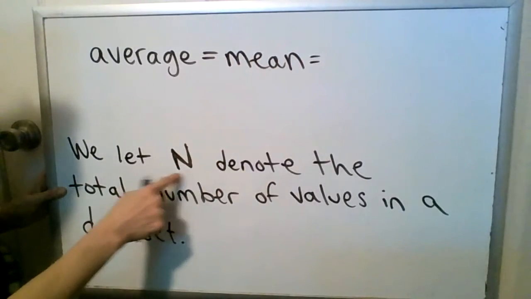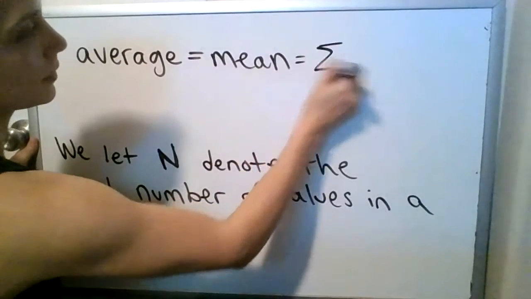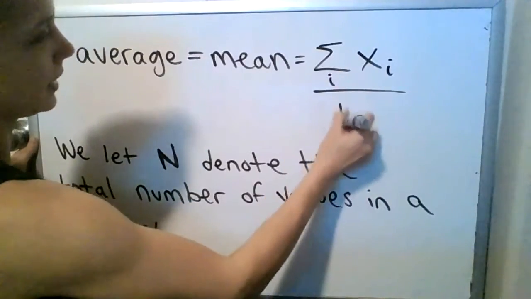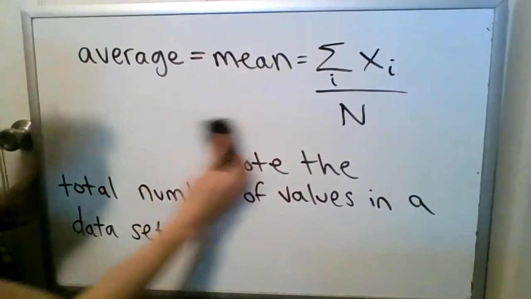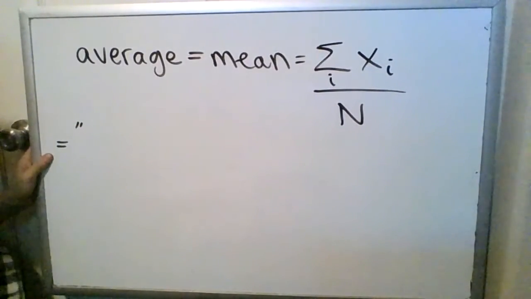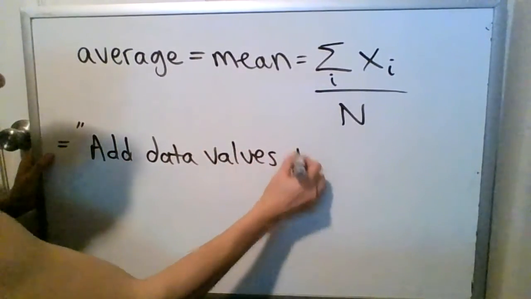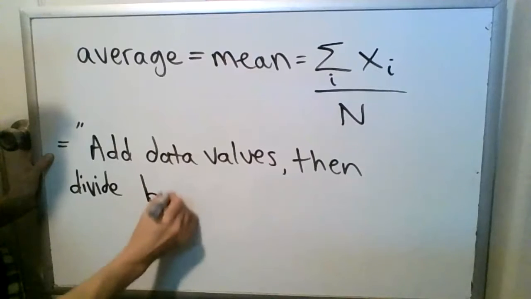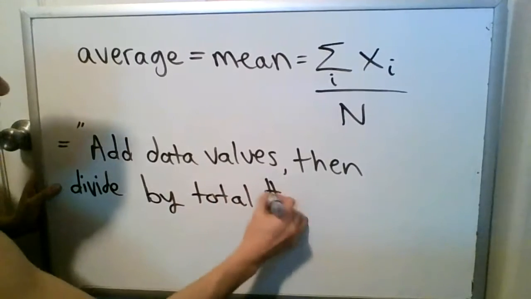So we're adding up all the values in the data set and dividing by capital N. We're going to use the notation to sum x sub I for all I, and then divide that by N. In words, we're asking to add data values, then divide by capital N, where capital N is the total number of data values.